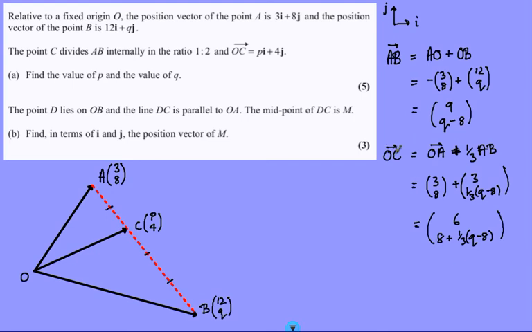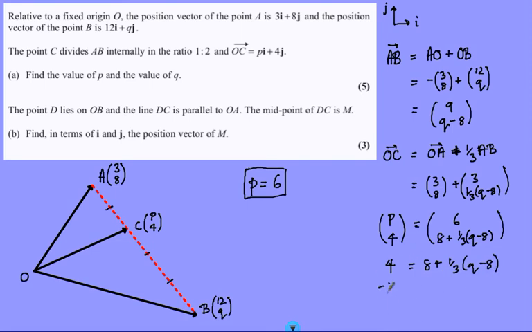Now remember, what I'm doing, O to C, I've got using A and B, but I also know that this equals pi + 4j. Just looking across at the i component, I can see immediately that p must be 6. And looking at the j component, 4 must be 8 plus a third of (q minus 8).